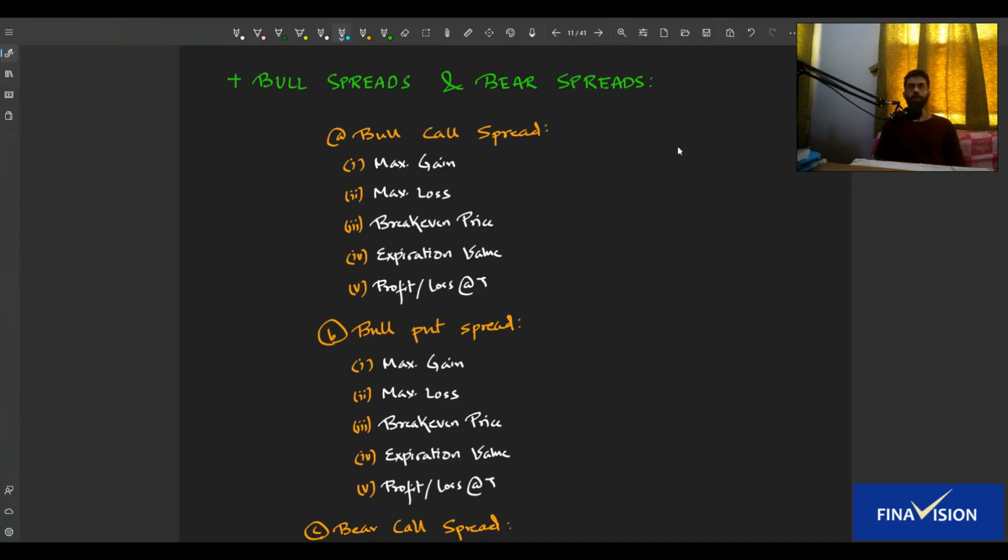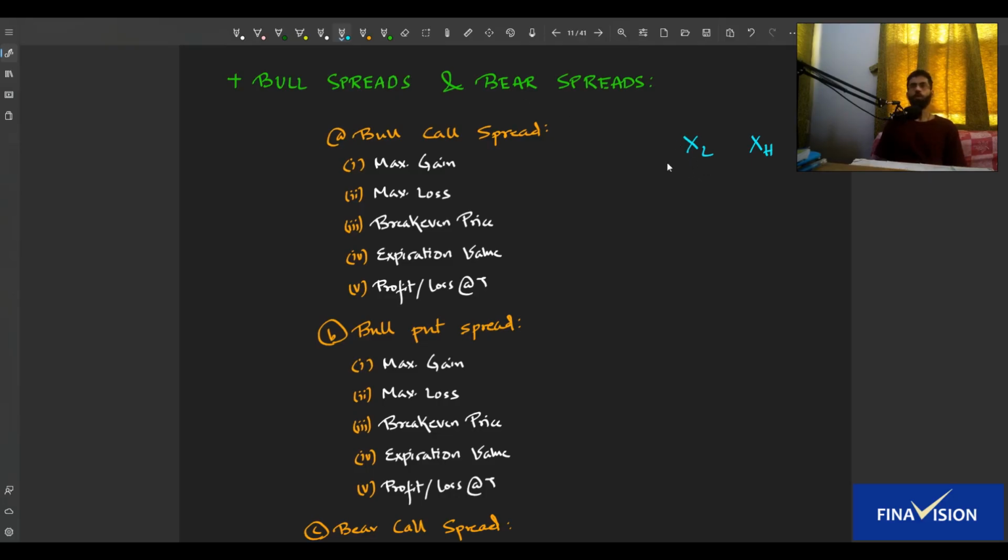Let's say the two options have strike prices of XL and XH, XL being the lower strike price and XH being the higher strike price.